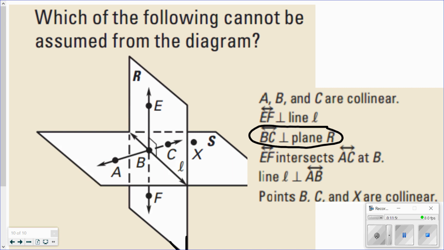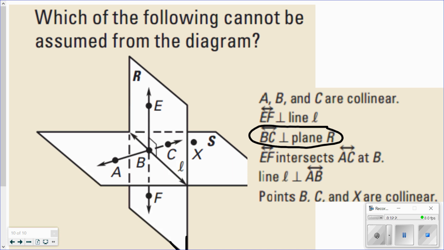Line EF intersects line AC at point B, and we see that in the picture. So this is actually true. We can assume it. So here is EF, here is AB. It collides at point B. Is line L perpendicular to line AB?